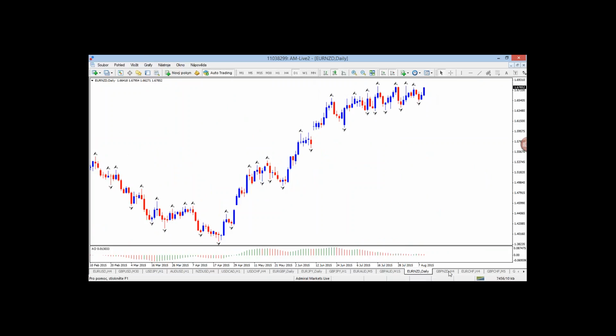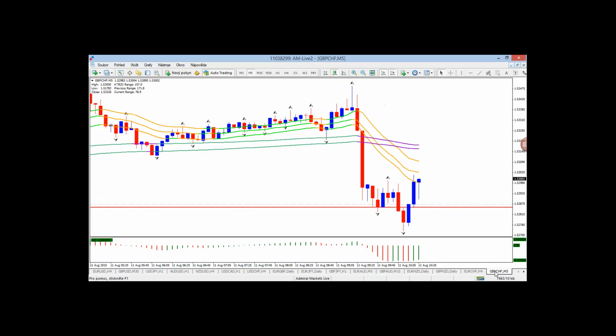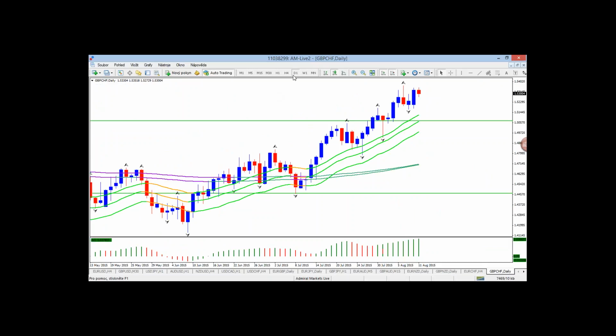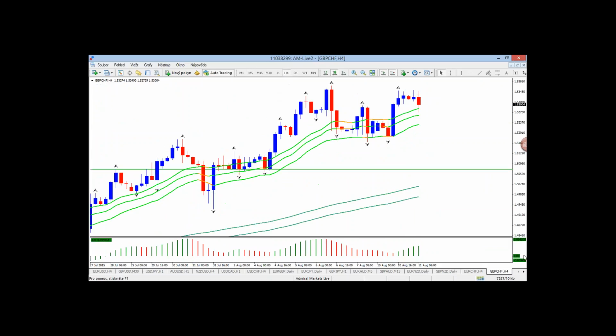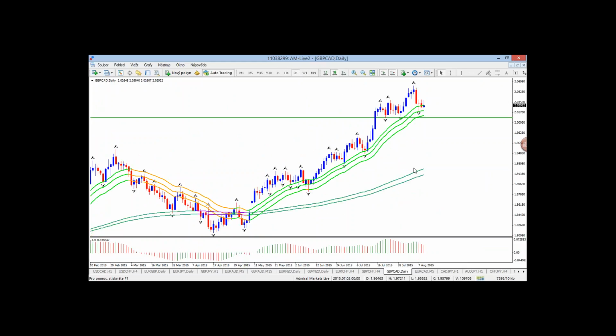Euro New Zealand too. Pound CAD is maybe going back to support. That could be interesting.